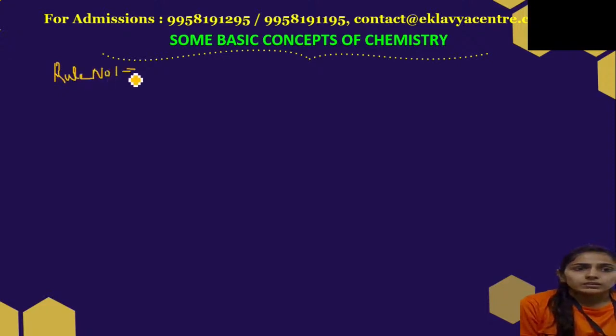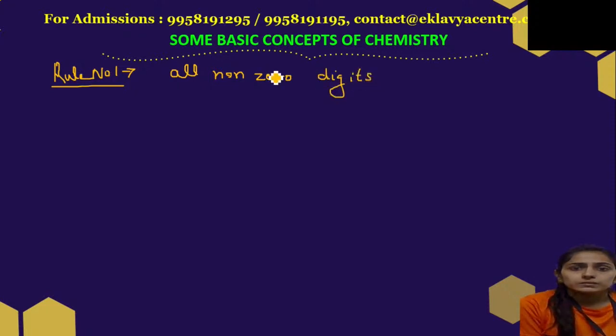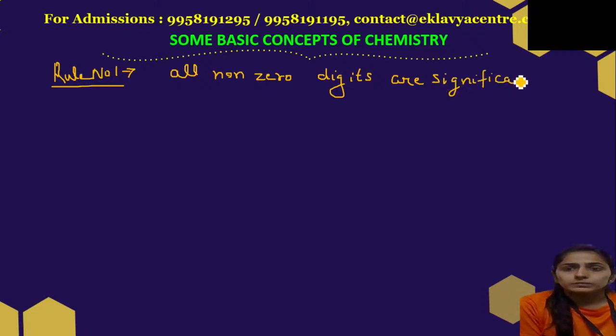Rule number 1: all non-zero digits are significant. All non-zero digits are significant in nature.